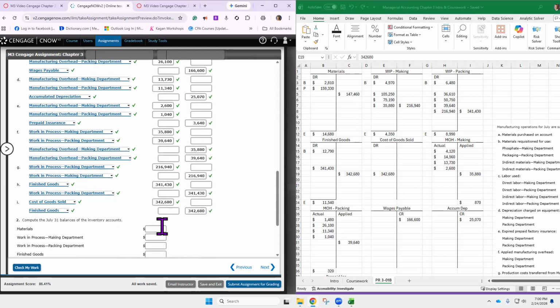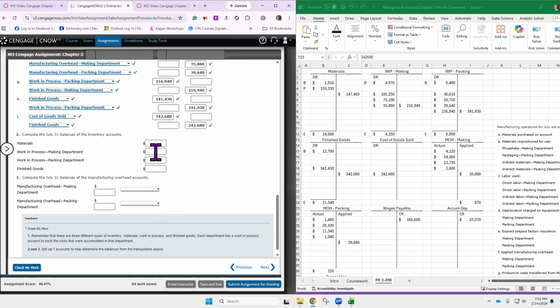Now they want to know some of the balances, right? So here's why I did this. So if you add the debits minus the credits, my balance is 14,680. Okay, for materials. Going to WIP making.